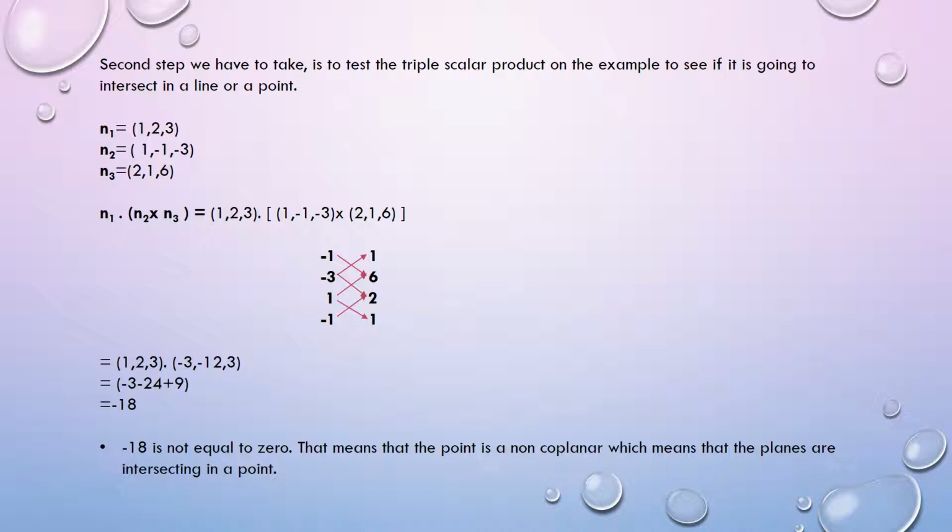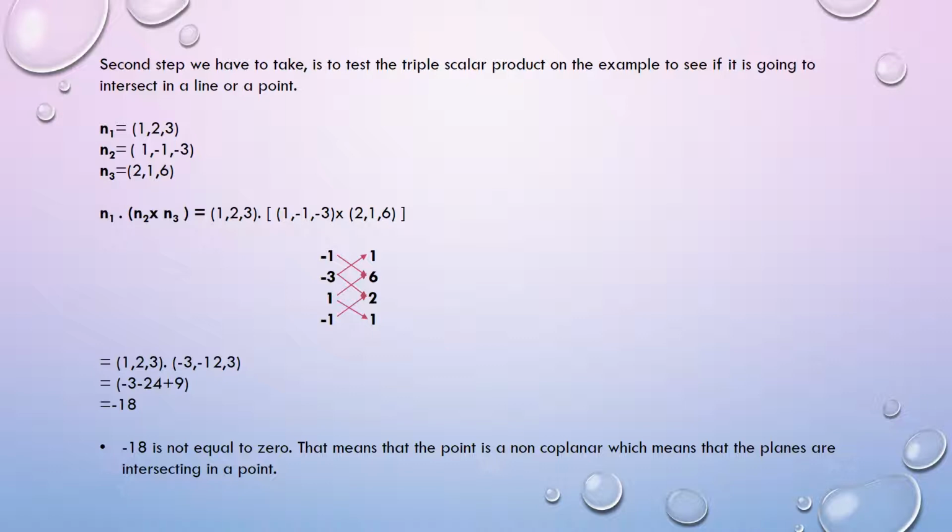We have to test the triple scalar product on the example to see if it will intersect in a line or in a point. Quick recap: if the triple scalar product gives a zero value, it will intersect in a line. If it gives a non-zero value, it will intersect in a point. So we take the cross product of normal 2 and normal 3, which gives -3, -12, 3.